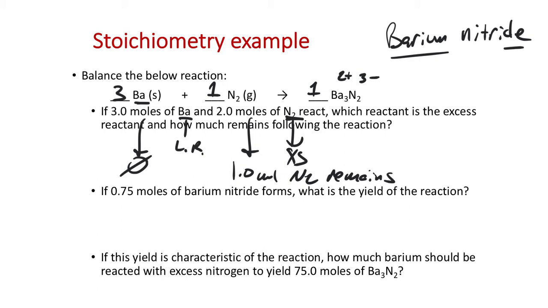And if I'm not sure that it's 1 mole, I could always solve a dimensional analysis step. I could say something like, how many moles of N2 react with the given amount of barium? According to the coefficients, for every 3 moles of barium that react, 1 mole of nitrogen has to react with it.